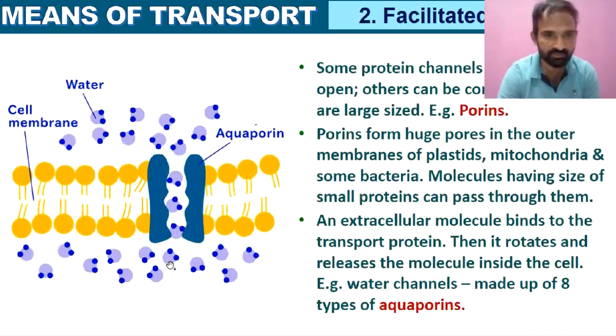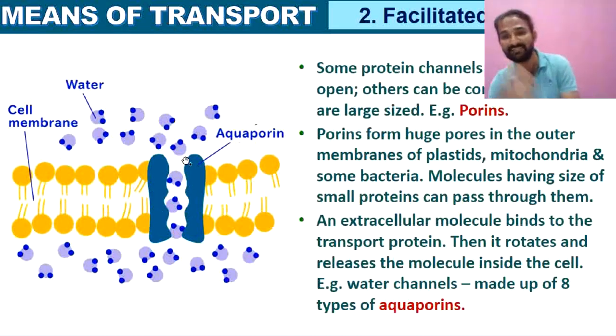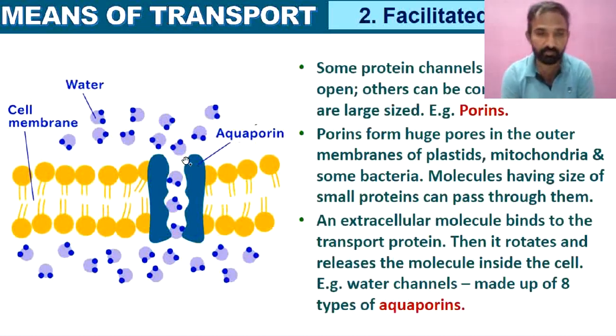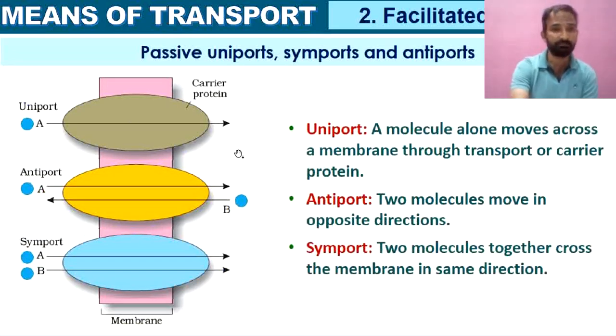These water molecules are attached to the protein channel, and when the channel rotates, the water molecules enter the inside of the cell. This is also called a water channel, made up of 8 types of aquaporins.